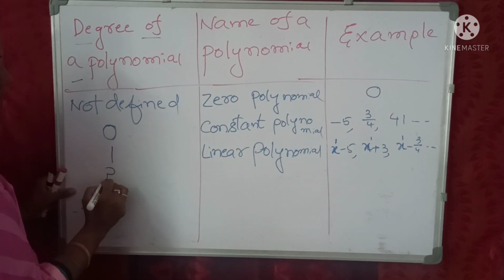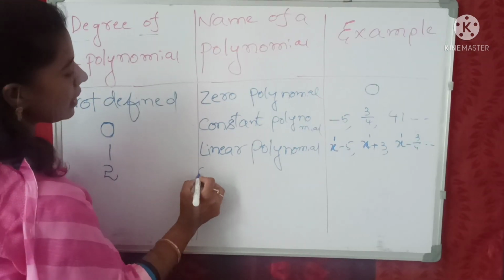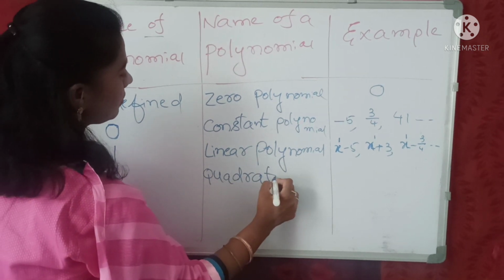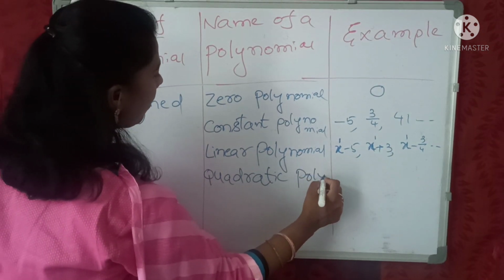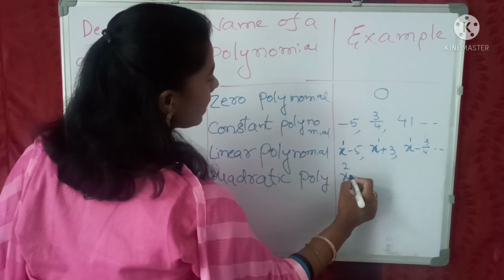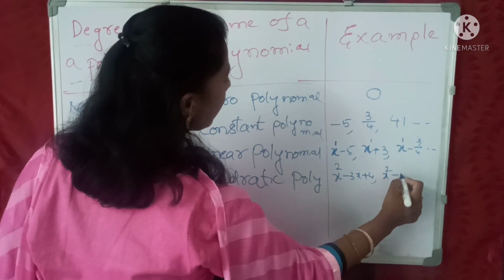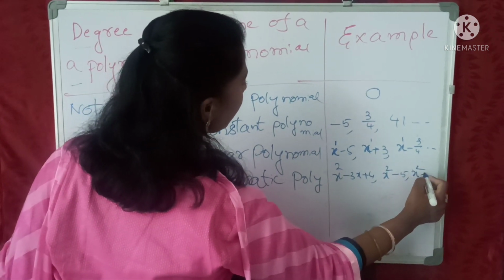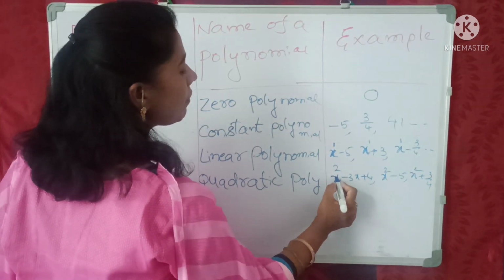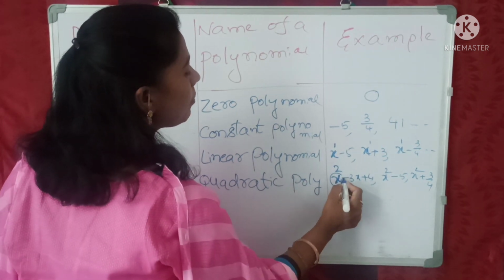Next, the degree of the polynomial is 2. So the name of the polynomial is quadratic polynomial. Examples of quadratic polynomials are x square minus 3x plus 4, x square minus 5, x square plus 3 by 4. In these polynomials, the degree is 2, because the highest power of the given variable is 2.